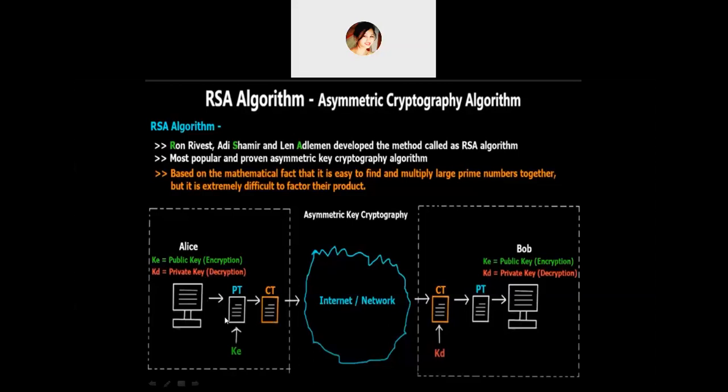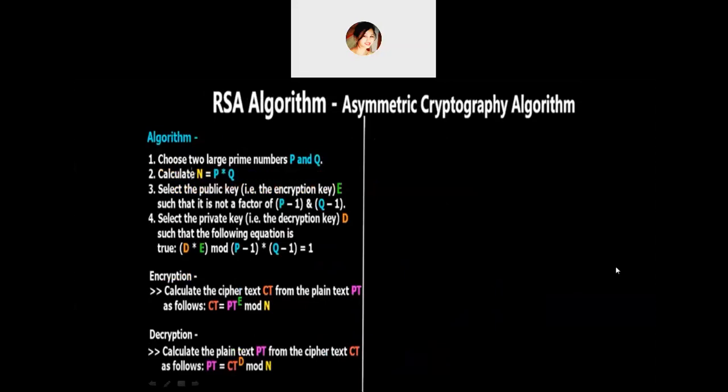Then he sends it over the internet back to Alice. How would she read this ciphertext? She would use her own private key, KD, on this ciphertext to get back the plain text. So this is the simple method of asymmetric key cryptography. This is just a review. This is how communication happens in asymmetric key cryptography.